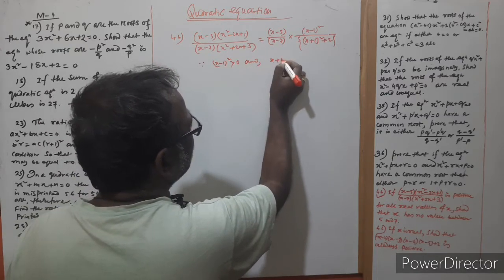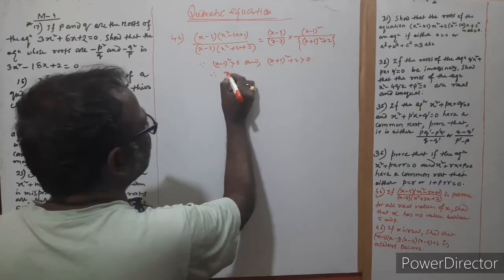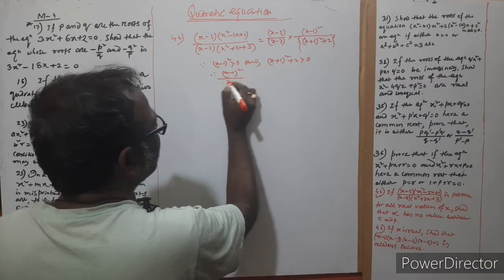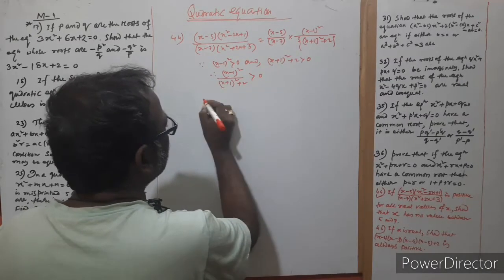and this is clear. This is also positive. Therefore (x minus 1) whole square divided by (x plus 1) whole square plus 2 is more than 0.